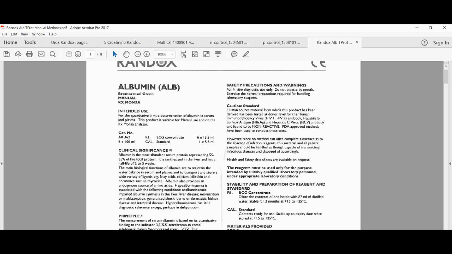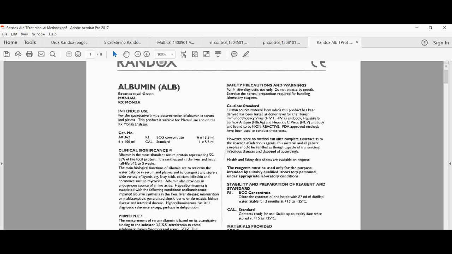So those are quite pathogenic, virulent viruses, and what the manufacturer says is that this standard has been tested for those pathogenic viruses, and it has been found to be non-existent in this sample.